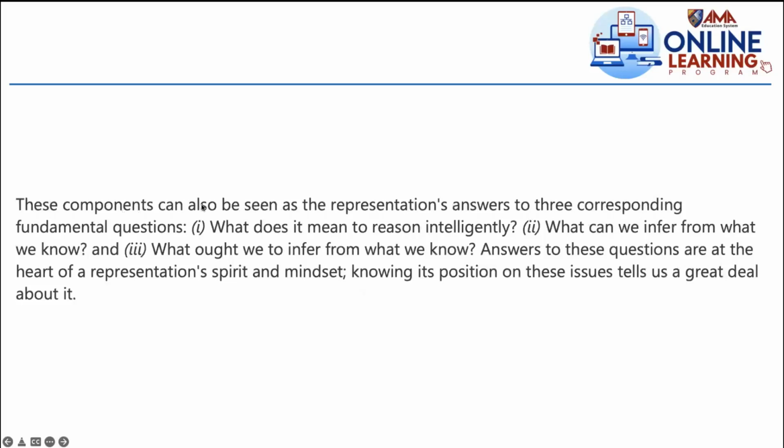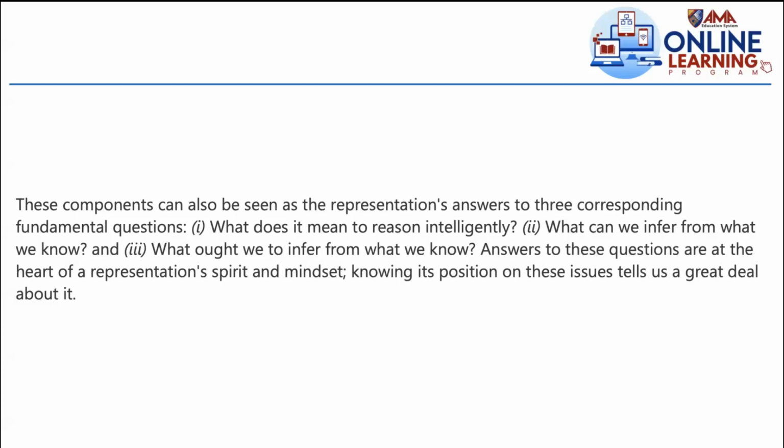So these three components, the conception of intelligent inference, the sanctioned inferences, and the recommended inferences, can also be seen in terms of asking these questions. What does it mean to reason intelligently? Meaning the conception for the machine. Of course, it will depend on the human because we're the ones developing.